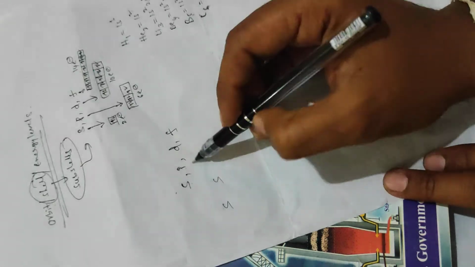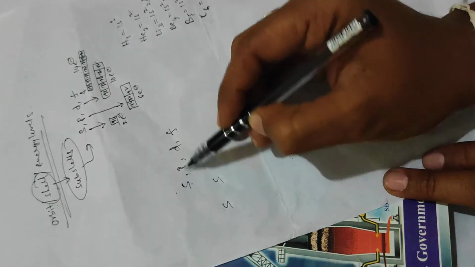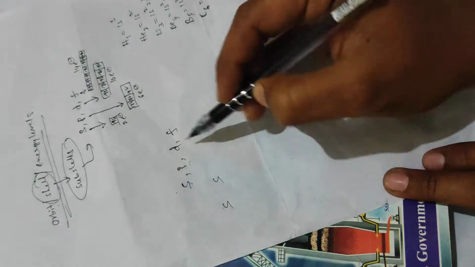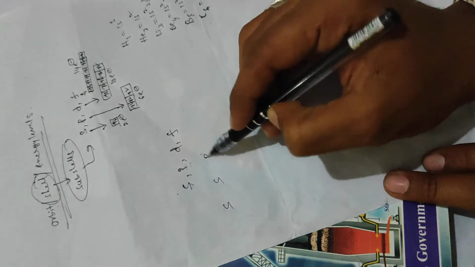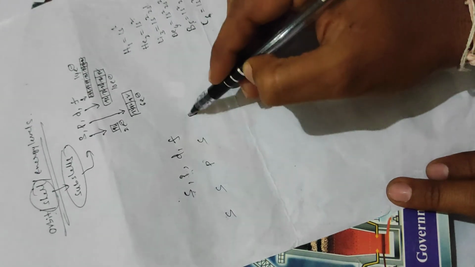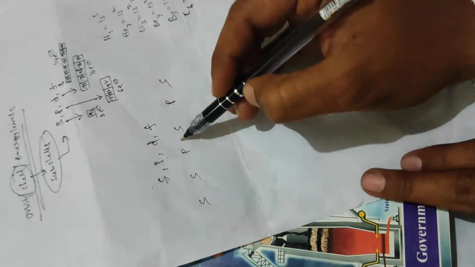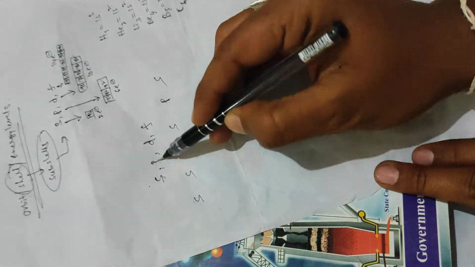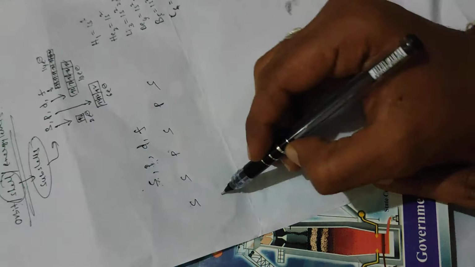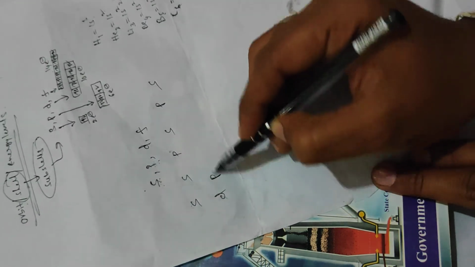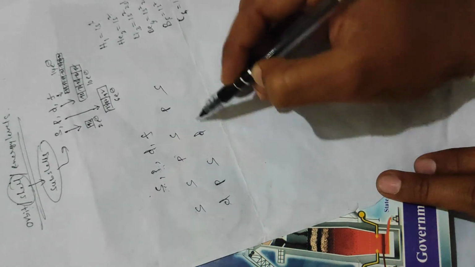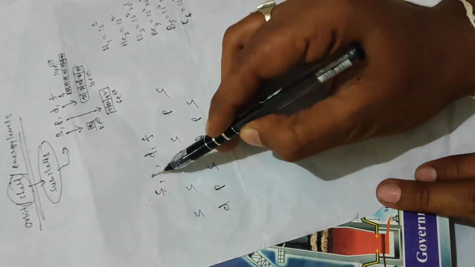Then s and p: s is again 2 times, ps, ps. After that write dps again 2 times, dps, dps. Again write down here fdps.